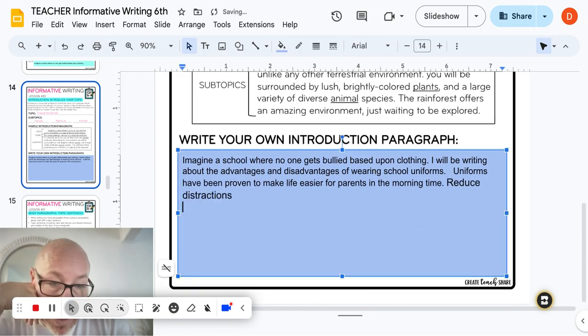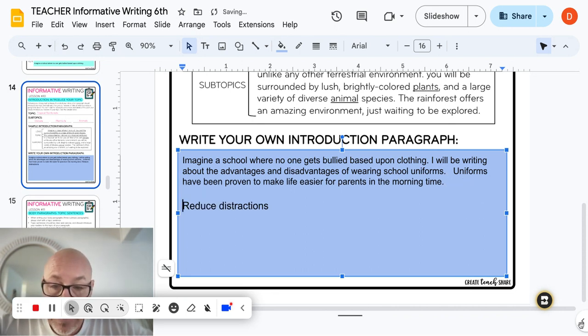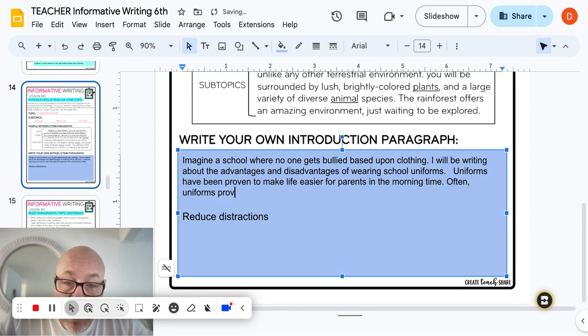Hopefully it pastes right. Okay, now I'm just going to put that there. Take a couple of spaces, go back up to my sentence, reduce distractions. I'm going to use a transitional word. Often, uniforms provide less distractions in schools.